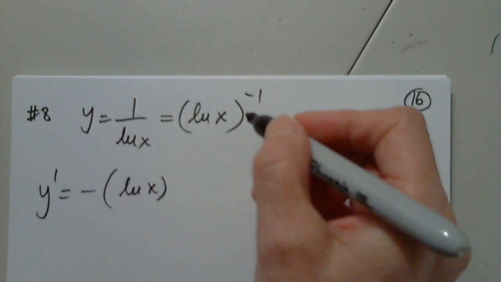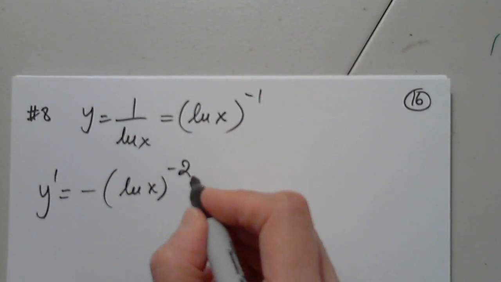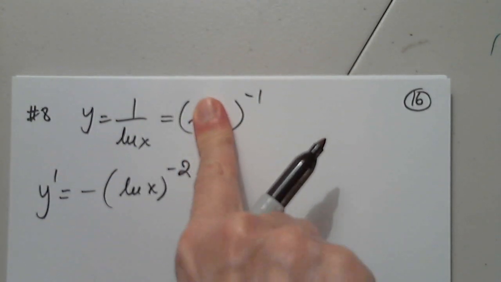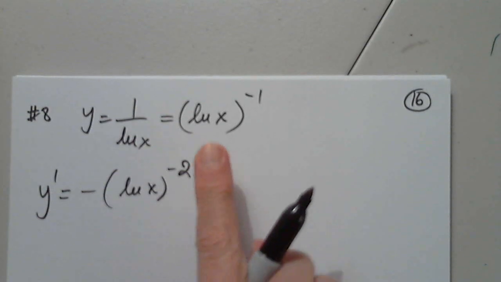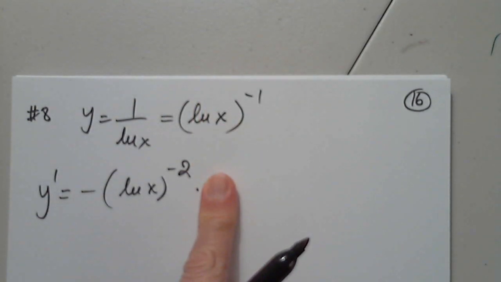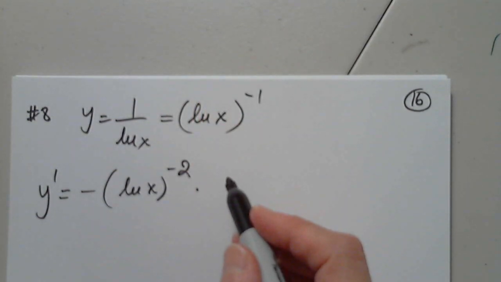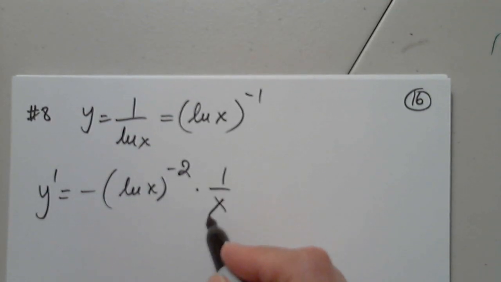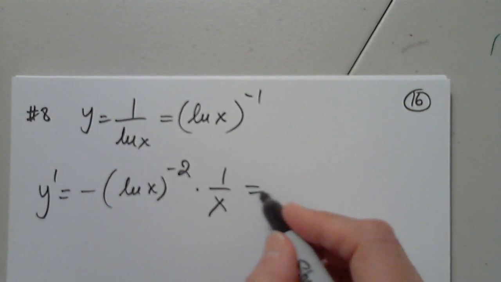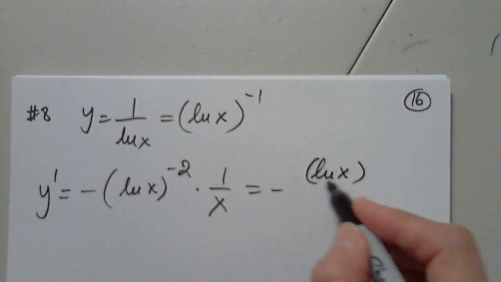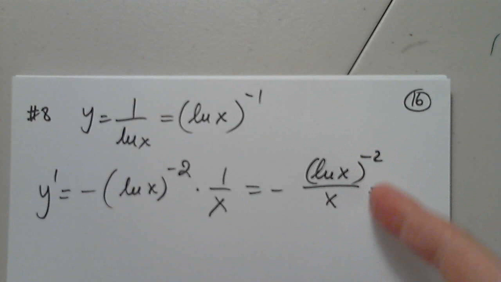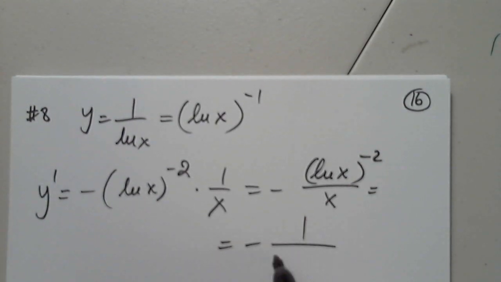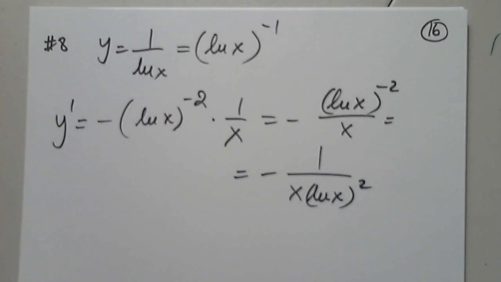I subtract 1 from the power times the inner function prime. What is the inner function prime? That'd be 1 over x. That's it. If you want to condense it, you can. So natural log x to negative 2 over x, or you can bring this to the denominator like this. Very good pick.